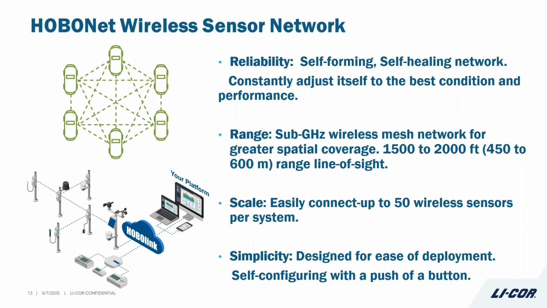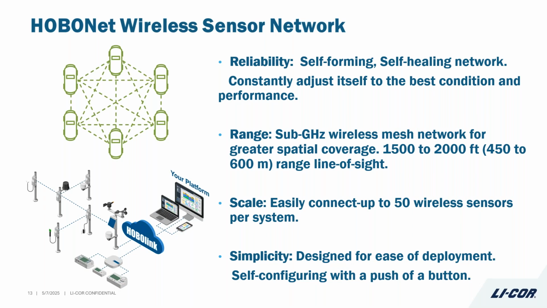And you can get about, from sensor to sensor, from base station to sensor, you can get up to 2,000 feet range line of sight. And they can hop from one to another up to 5 times. So you can get a pretty good distance of range, right? You're able to scale up a lot.